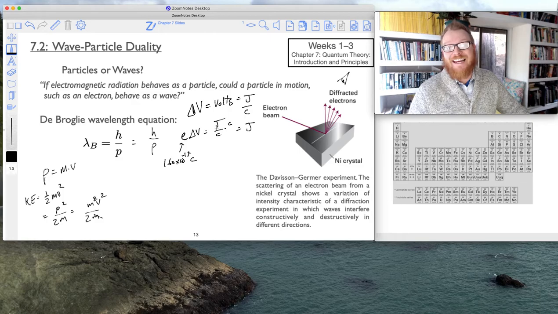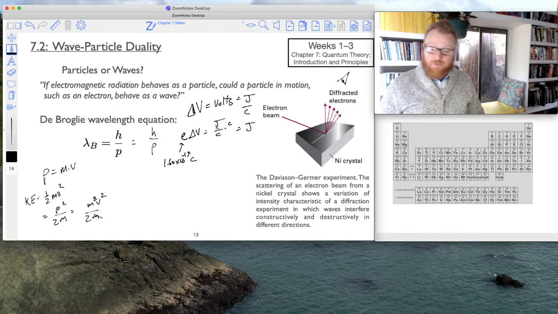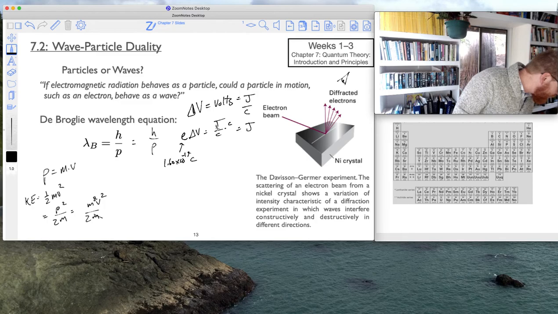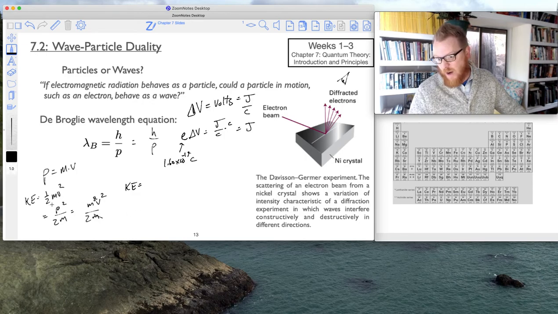So e times delta V gives me the kinetic energy of those electrons. I can set the kinetic energy equal to 1/2 mv squared, which is also equal to p squared divided by 2m, which is also equal to e times delta V.